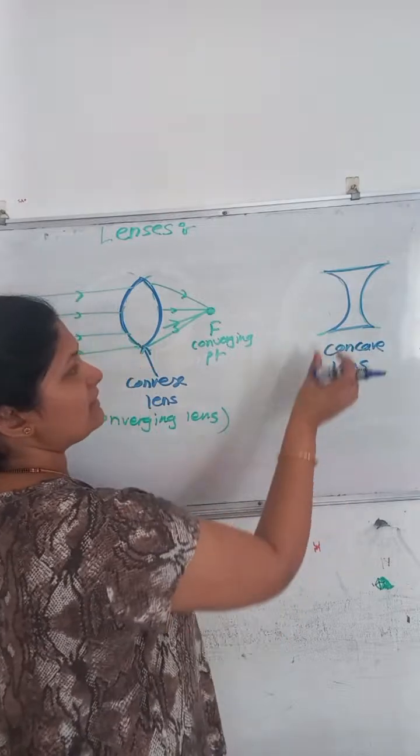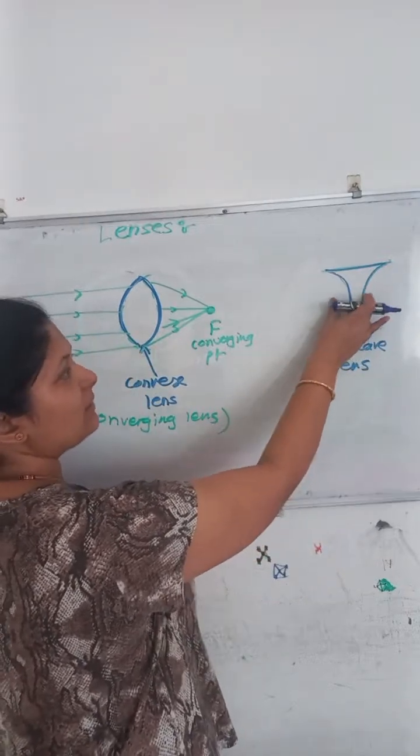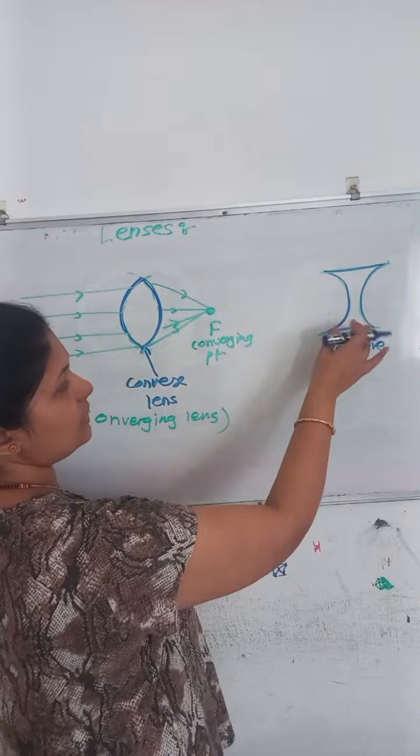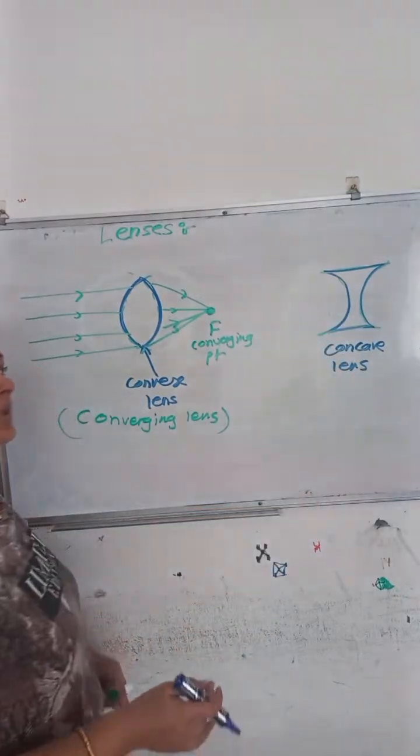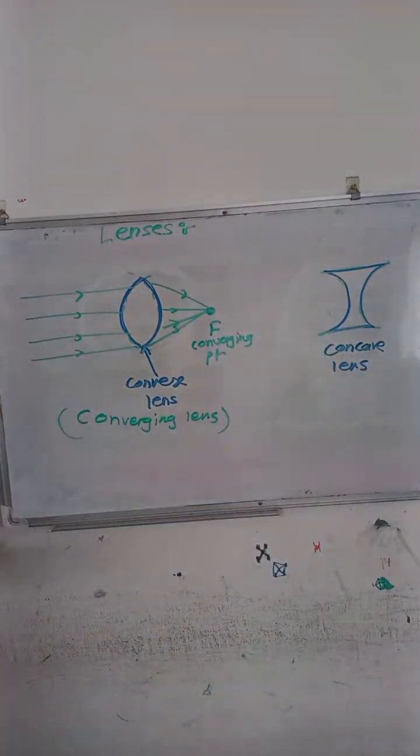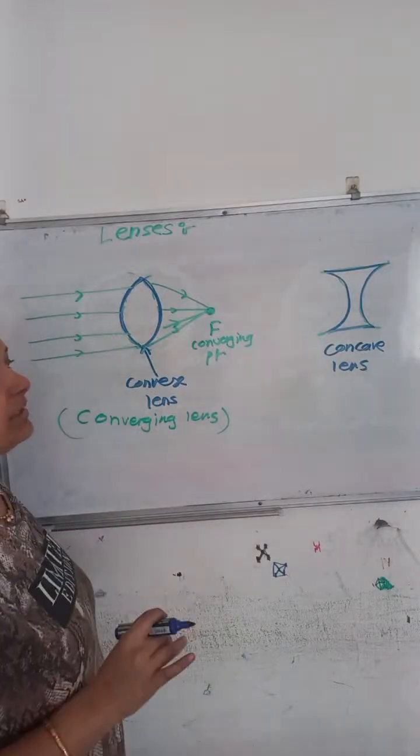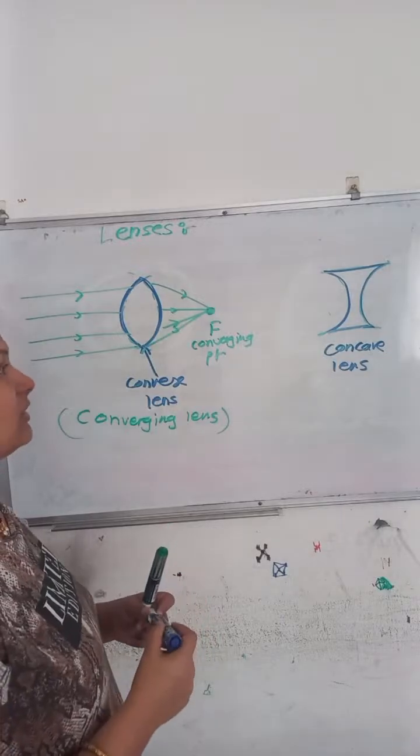In this lens, it is flattened at the middle and curved out at both the ends. It is thickened at both the ends and thin at the middle part. This is known as a concave lens.